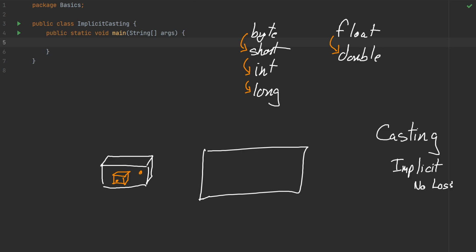Now, mind you, there's something I'm going to point out, and we'll come back to it hopefully in the future, is that when long gets casted into float, there is a little bit of rounding, rounding down or up, whichever one it is. So in that case, we have a little bit of a loss, I would say.